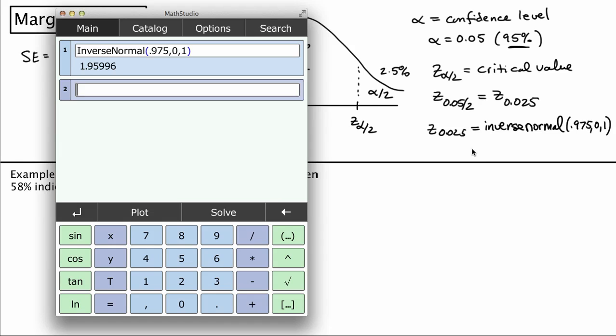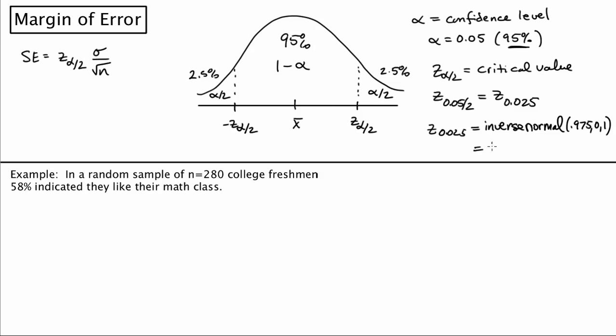According to the calculator, this is approximately 1.96. So at least at the alpha 0.05 level, or the 95% level, I can replace this Z alpha over 2 with 1.96.